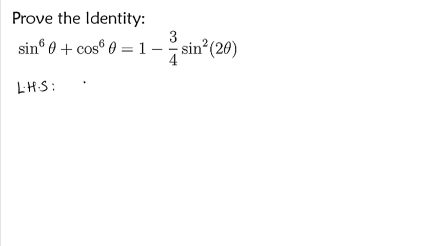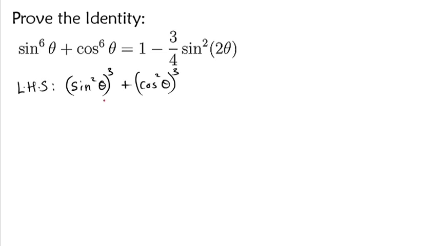On this left-hand side, I can rewrite this as sine squared theta raised to the power 3 plus cos squared theta raised to the power 3, like this. Remember, 2 times 3 is still the same 6.